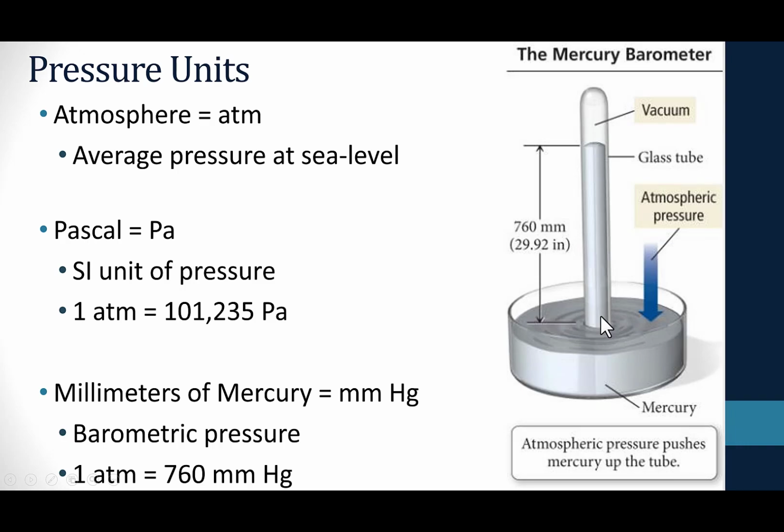So the mercury in the reservoir would be allowed to lift up, which would cause the mercury in the tube to go down. So instead of being at 760 millimeters, as the pressure drops, this would go down. So maybe it's 750 millimeters high. So that's how we use a barometer to measure barometric pressure.